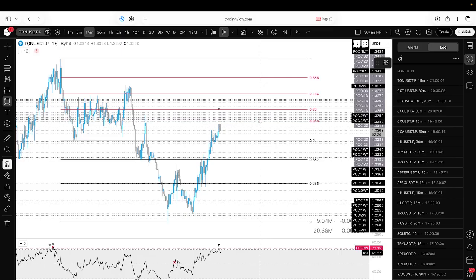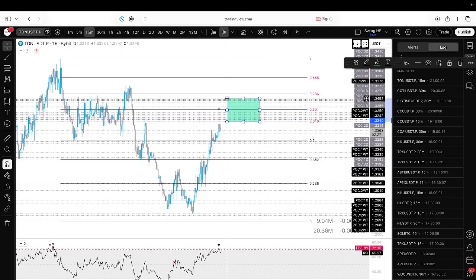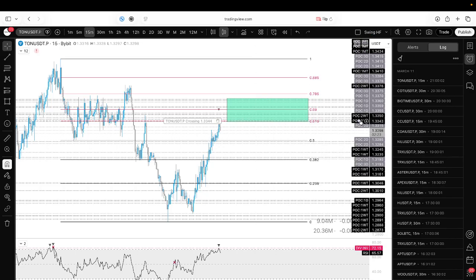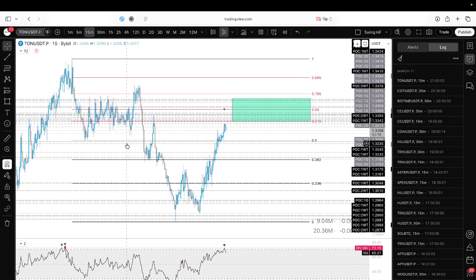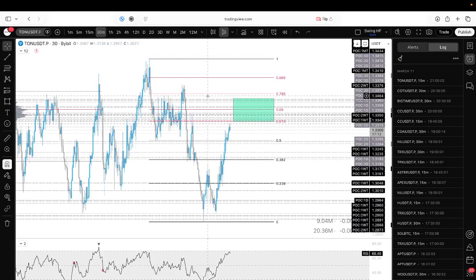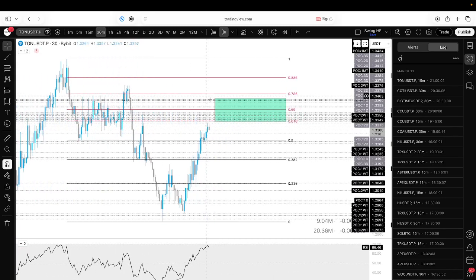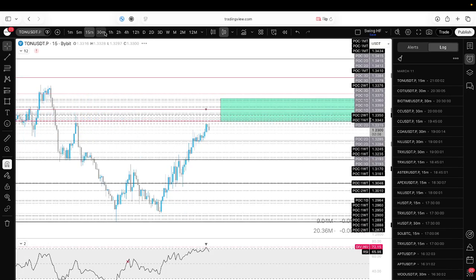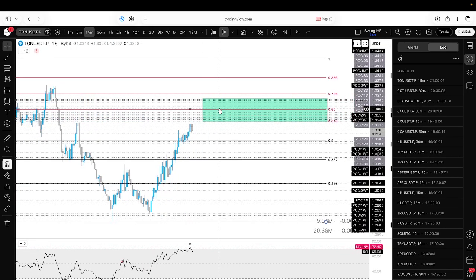I hope you see here. This is a wall area we can short. So I'm gonna keep some alerts here. Okay. So what can we expect here? We can expect a setup on the 15 minutes and then on the 30 minutes if given. But now it's pretty tight for the 30 minutes.